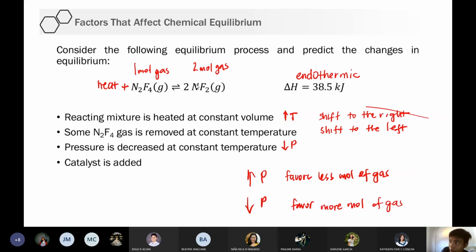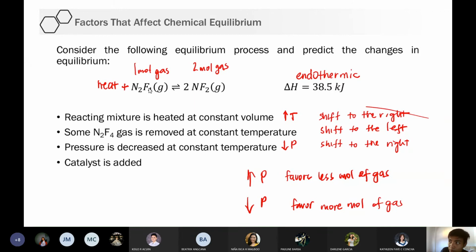In our example here, the side with the more moles of gases is the product side. So that means it will favor the product side, and the equilibrium will shift to the right. Again, when you decrease the pressure, it will favor the side with the more moles of gases.